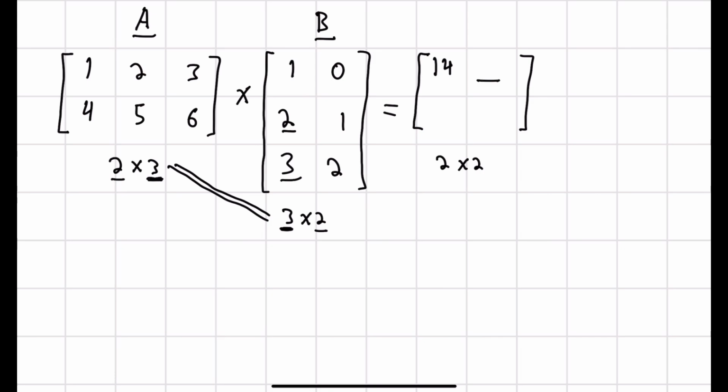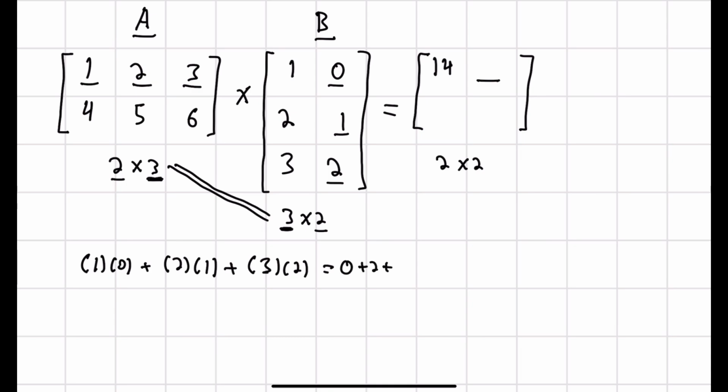So now we're working with 1 times 0 plus 2 times 1 plus 3 times 2. And this is equal to 0 plus 2 plus 6, which is equal to 8. So for our result matrix, for the top right cell, we have 8.